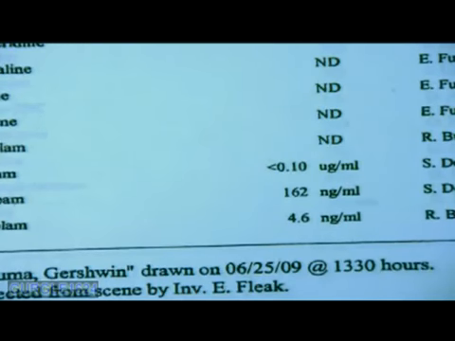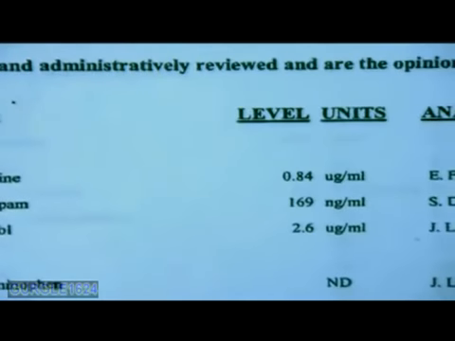A microgram is larger. Basically, if you go back to the top for me, it was easier there. The 0.84 micrograms per milliliter is actually a larger number than the 169 nanograms. It'd be 840 nanograms per milliliter if I made the conversion. It's a thousandth unit off. So the 0.84 would be 840 in comparison to the 169. Or I could do the other way, take the 169 and divide it by 1,000 and it would be 0.169 micrograms per milliliter.